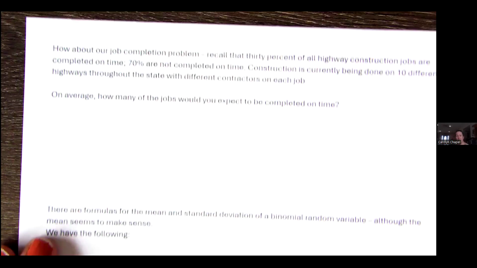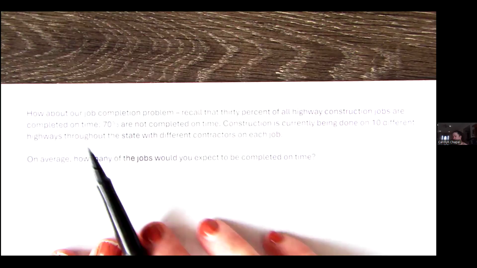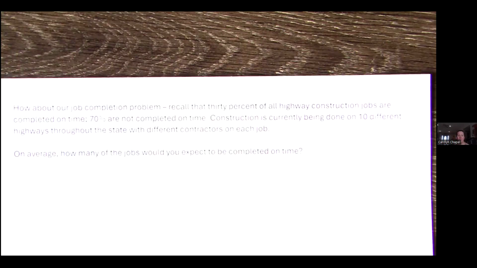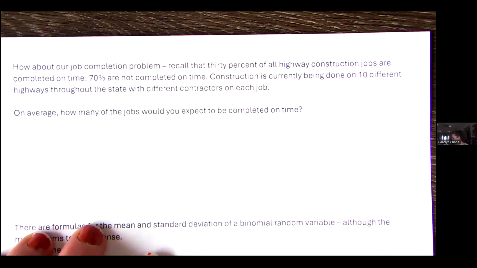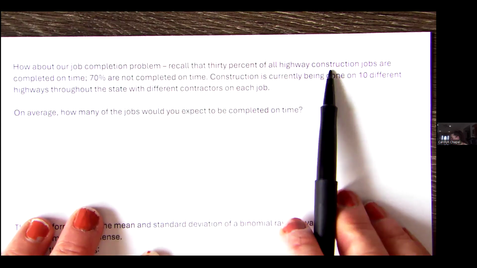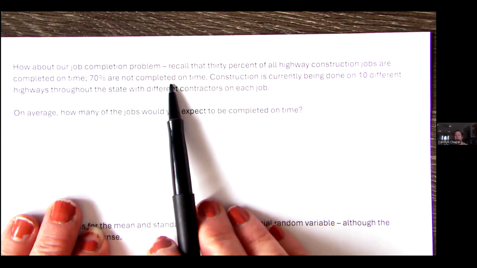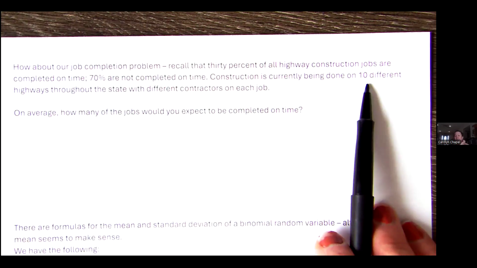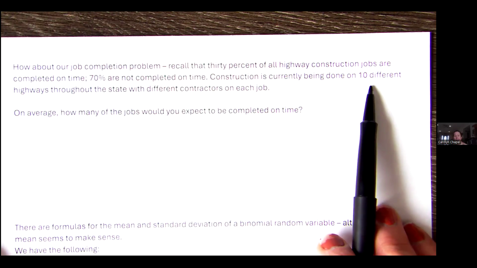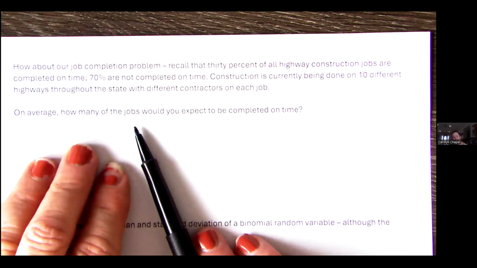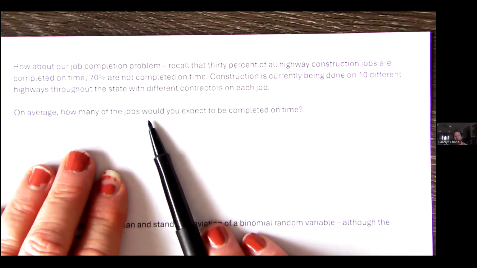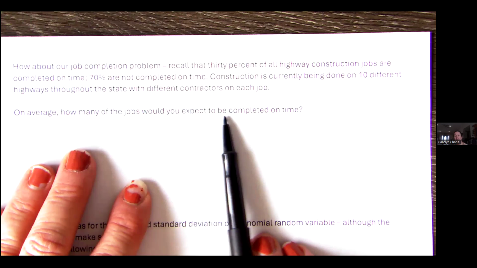So let's think about our job construction problem. We had 30% of all highway construction jobs completed on time, 70% were not. So let's say we had 10 different highways or jobs being done. On average, how many jobs do you think we should have done on time?